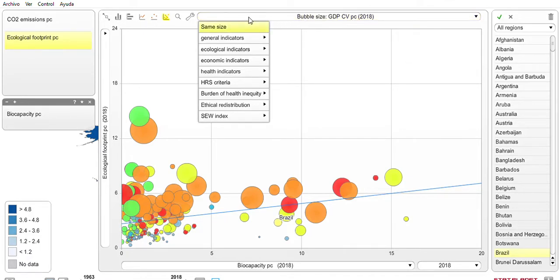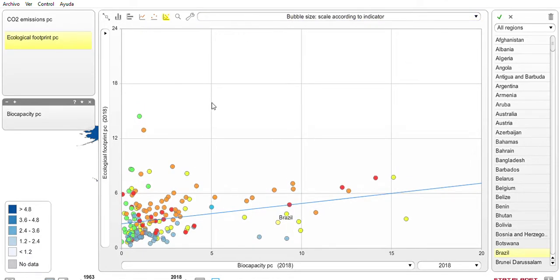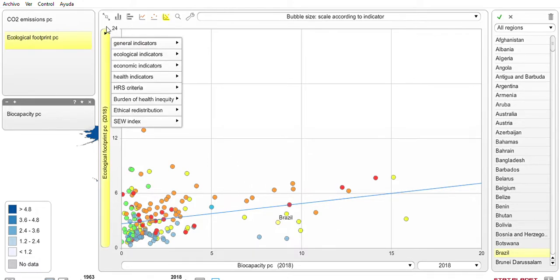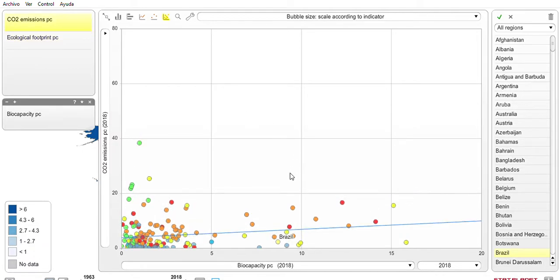Now let's look at the correlation between the biocapacity per capita and the carbon emissions. The carbon emissions here are, of course, as in relation with ecological footprint, the higher the biocapacity, it seems the higher the level of carbon emissions.